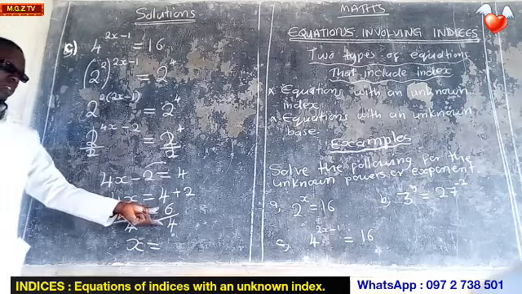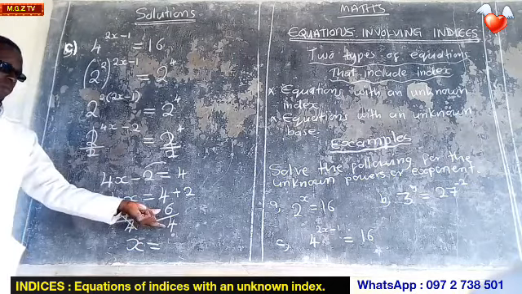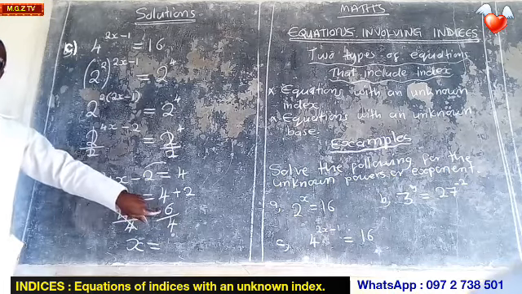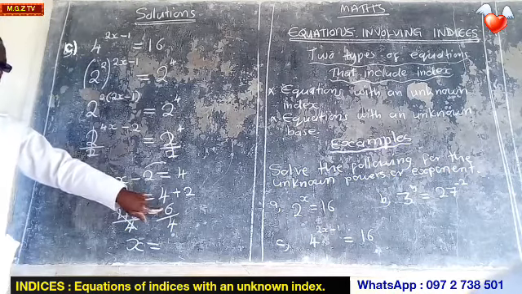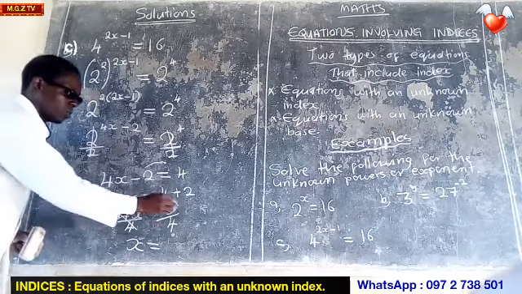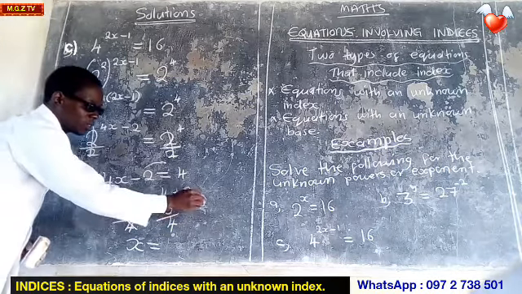What we do there is to divide. So before I divide, I need to reduce. 2 can go into 6 and 2 can go into 4. So 2 into 6, 3. 2 into 4, 2.